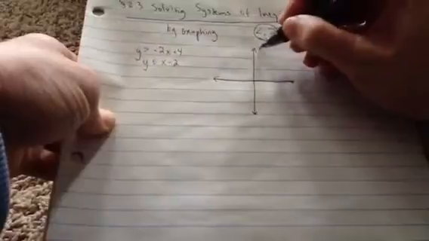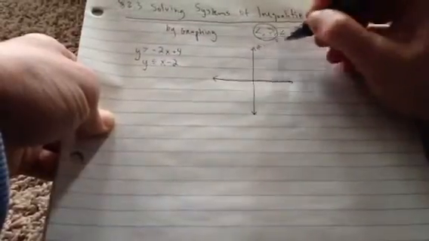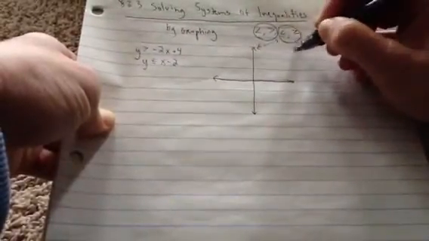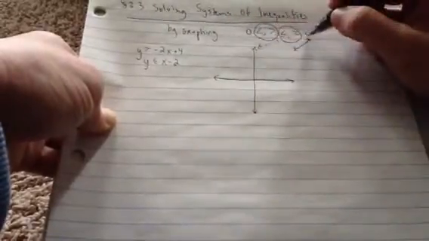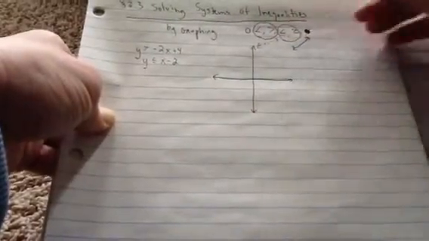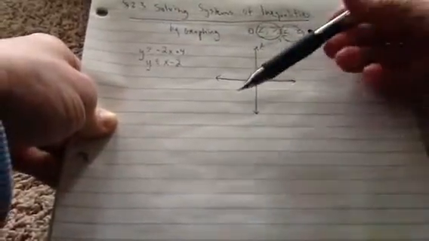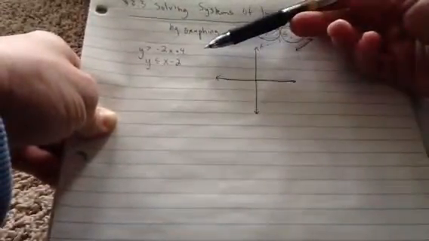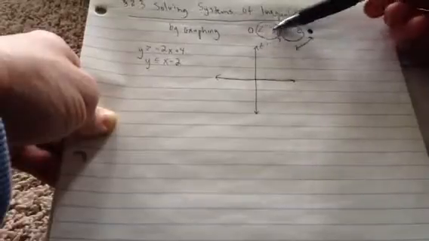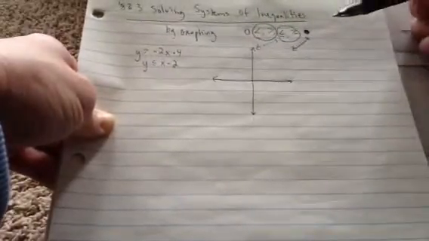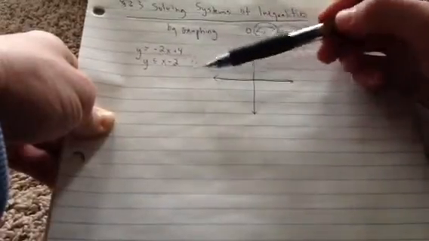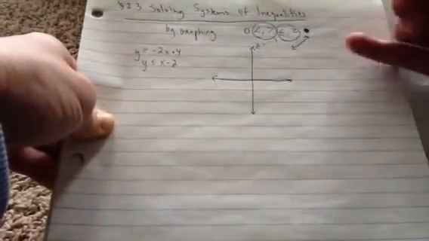For these two we draw dotted lines, and for these two we draw solid lines, just like in section 1.5 where these were open circles and these ones were closed circles. Then we have to decide whether we shade above, which is the greater thans, or below, which is the less thans. And the intersecting area is our actual final answer.